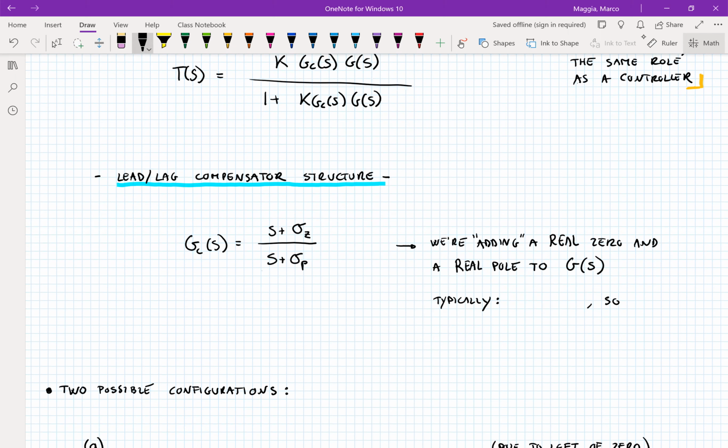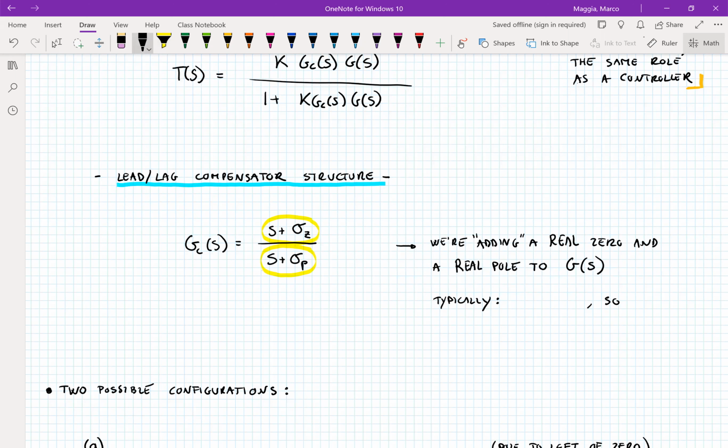If you think about it, it's like we were adding one real zero and one real pole. So in terms of poles and zeros, the introduction of a phase lead or lag compensator is equivalent to adding one real zero and one real pole.